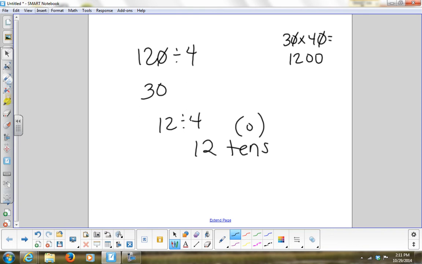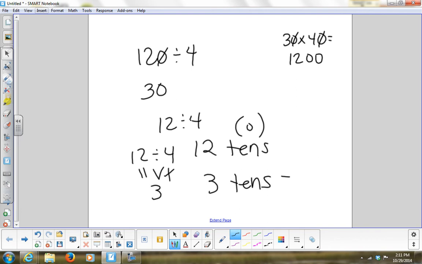12 tens divided by 4 is, if we just do 12 divided by 4, it is what? 3, because 4 times 3 equals 12. Okay, so then it's 3 tens.